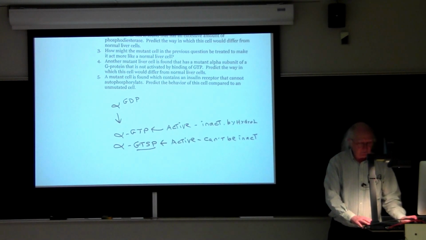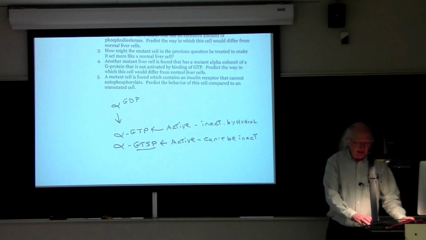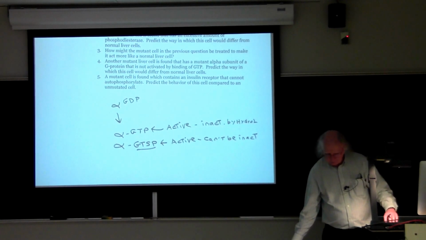The last question says, a mutant cell is found which contains an insulin receptor that cannot autophosphorylate. Predict the behavior of this cell compared to an unmutated cell.